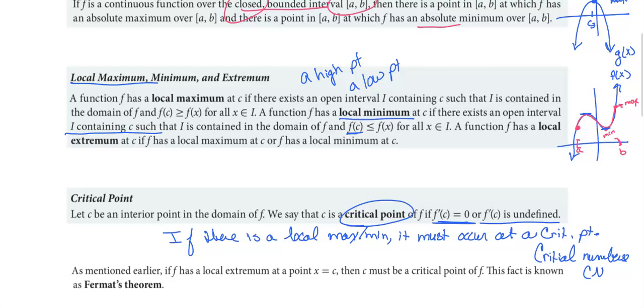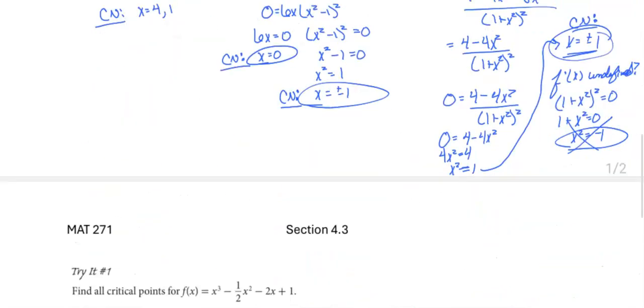But that would not tell us anything about the endpoints. So to know if we have a maximum or a minimum and where it's located on a closed interval, we would just find y values and then compare the y values. We would do that for the critical points, which would be in here, and then for the endpoints. So that's our approach here.